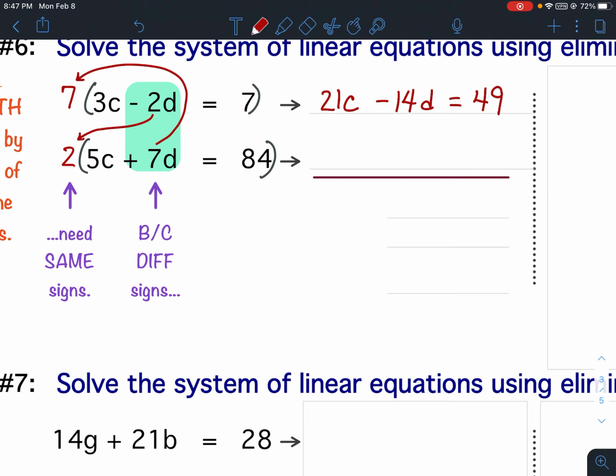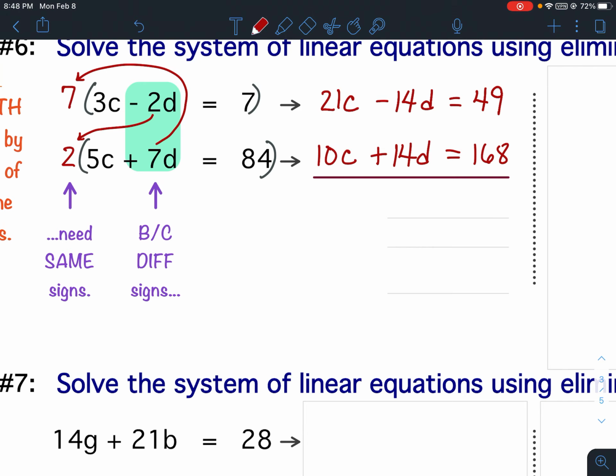The bottom equation, 2 times 5 would be 10c. 2 times 7d, that's 7 and then the letter d, not 70. So 2 times 7d would be 14d. And then 2 times 84 would be 168.